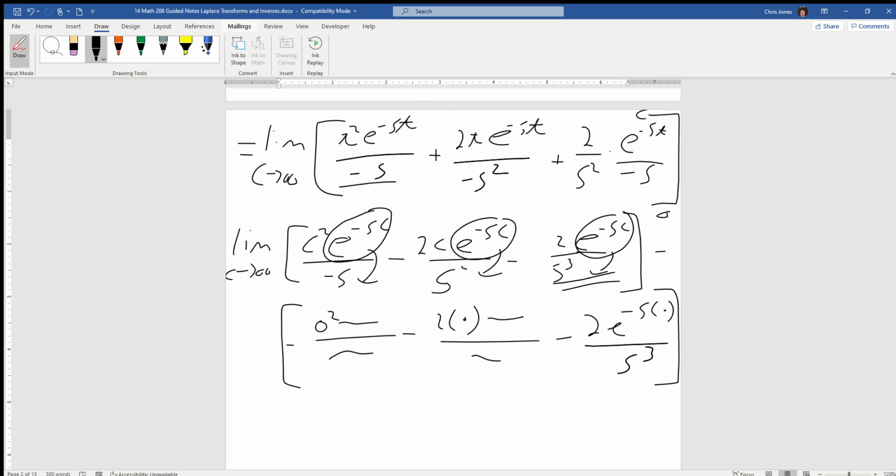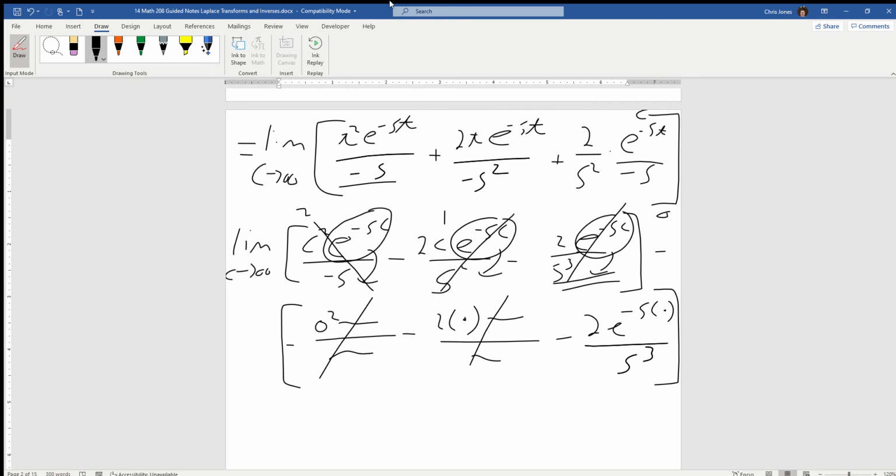If we wanted to use L'Hopital's rule and just take the derivatives as c goes to infinity, what we would see is that anything with an e to the minus sc in it is going to go to 0. So this, and this are all going to go to 0. If you don't trust me, use L'Hopital's rule a couple times. You'd probably have to use it twice on this first term, once on that term. You don't have to use it at all on this one because it's all constants. We know that this goes to 0. We know that this goes to 0.